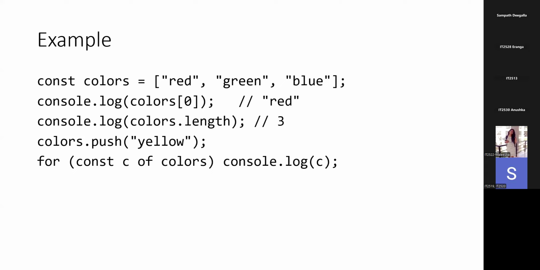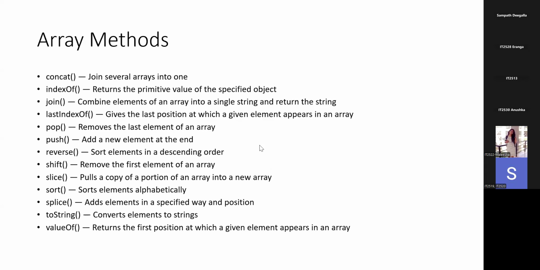In this particular case, you can see I'm creating an array called colors, and we have red, green, and blue. There are a few methods we can work with arrays. There are a lot of methods that you can use for this purpose, which I'm not going to spend time on, but you can get hands-on with these.